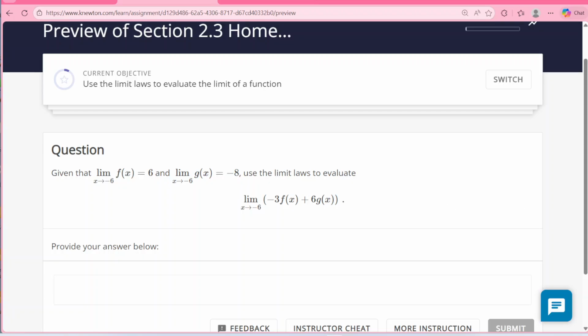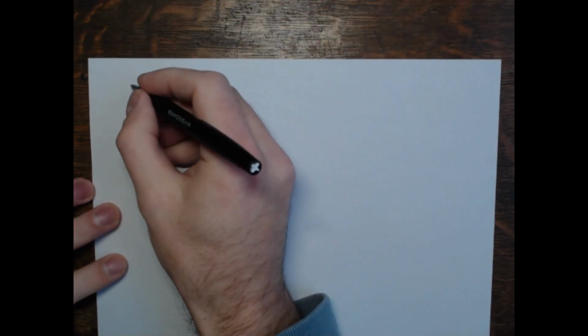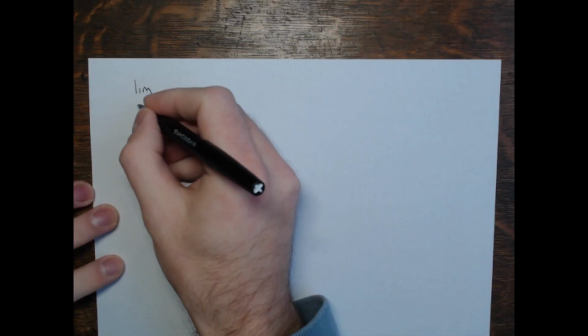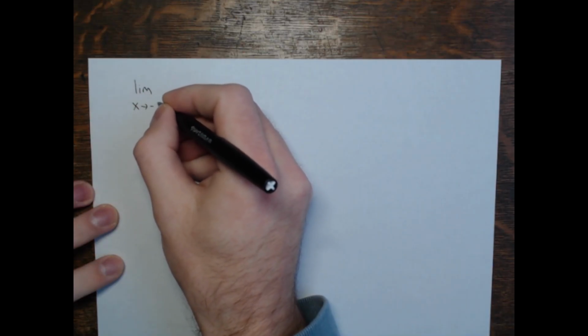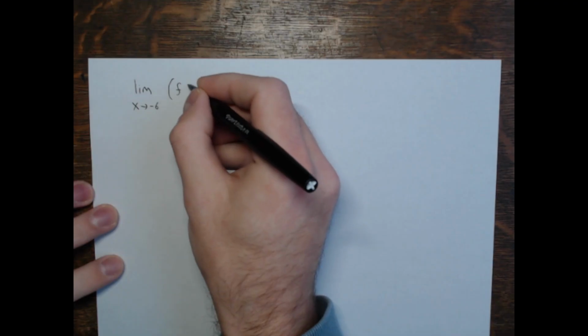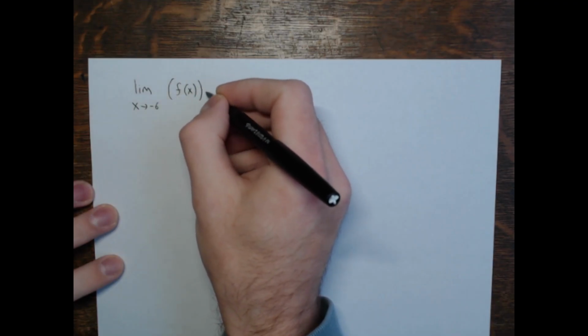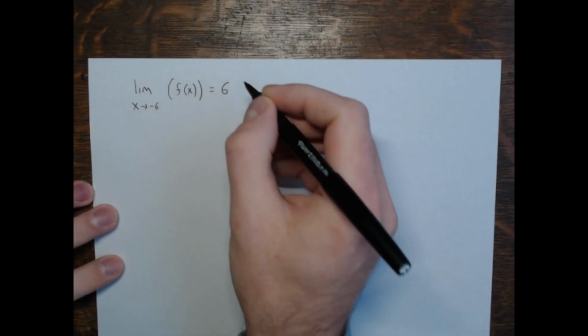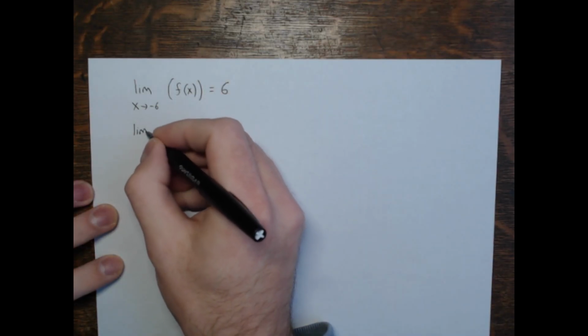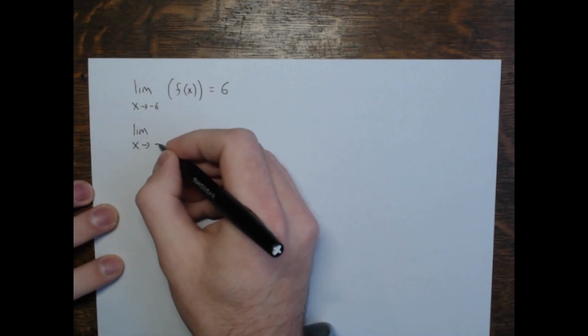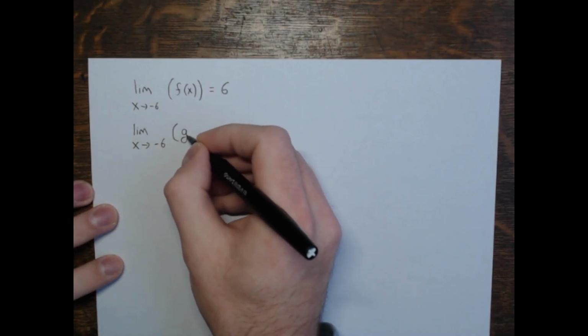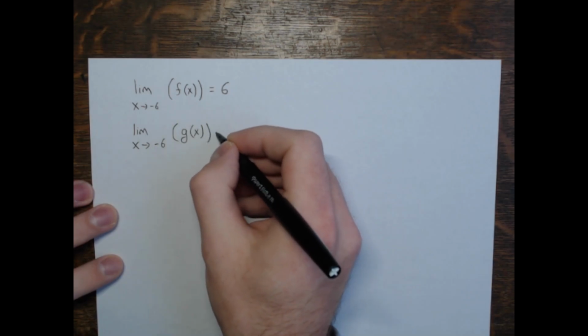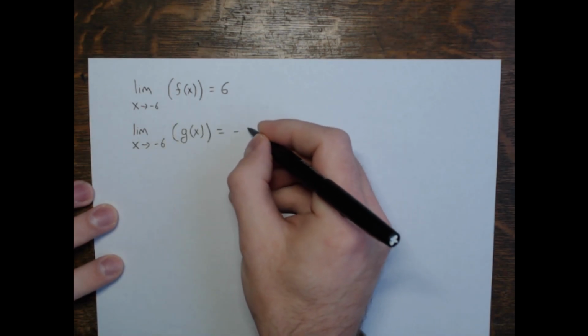So I'll write this out. The limit as x approaches -6 of f is 6, and the limit as x approaches -6 of g is -8.